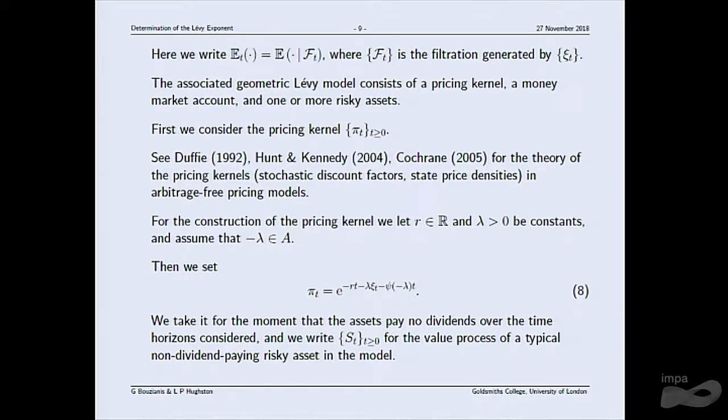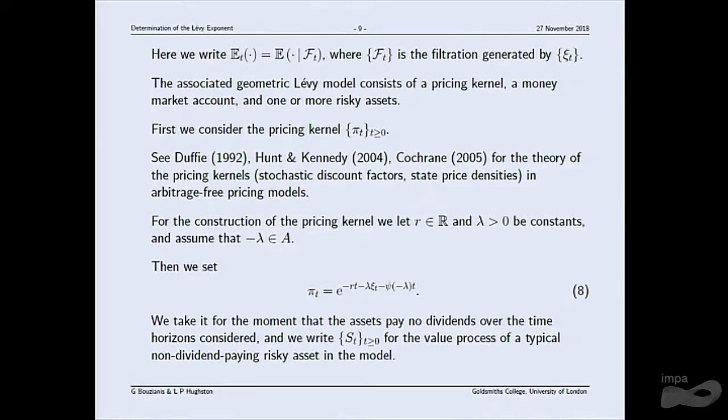For those of you who may be unfamiliar with the idea of pricing kernels, there's an extensive literature on this. Duffie's book contains a good account of it, and Hunt and Kennedy, and Cochrane's more recent book. State price density, stochastic discount factor: these are other words for the same thing.